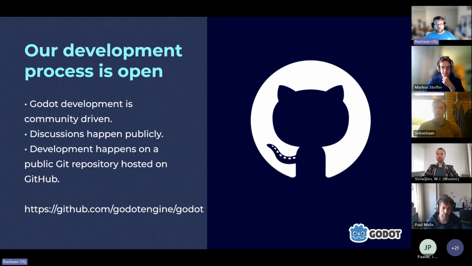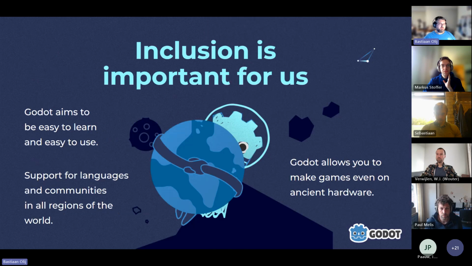We have a very popular Discord server where our community is discussing, from a user point of view, and where you can go for help. There's an incredibly active XR channel on the Discord server, which is really cool. So yeah, it's all about having a game engine that everybody can look at, everybody can help out with, everybody can have a say in where this is going and sort of developing it.